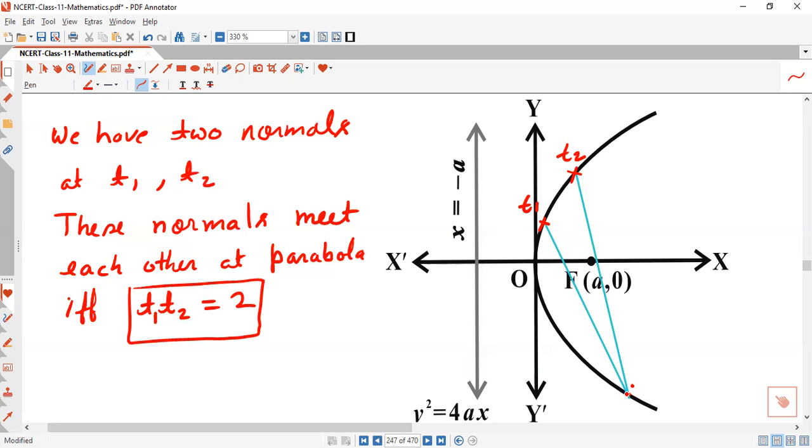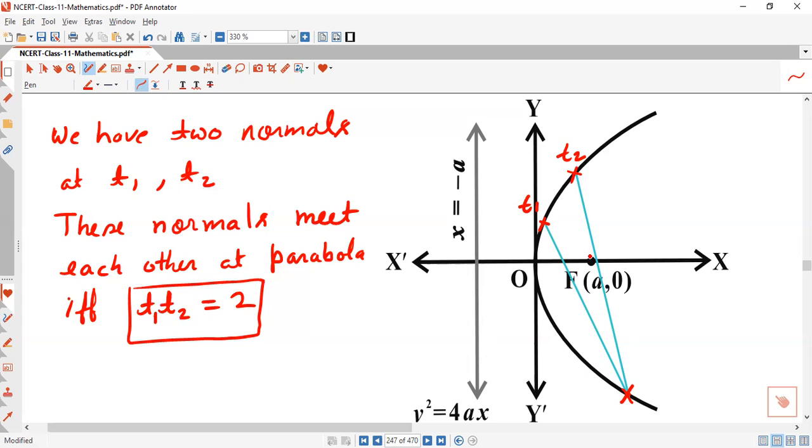So they are meeting at this point on the parabola. The condition is that they will meet only when T1 T2 is equal to 2. Otherwise, they will not meet at the same point on the parabola.